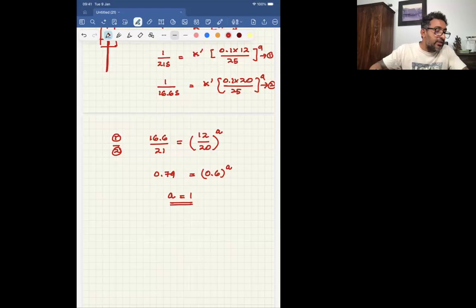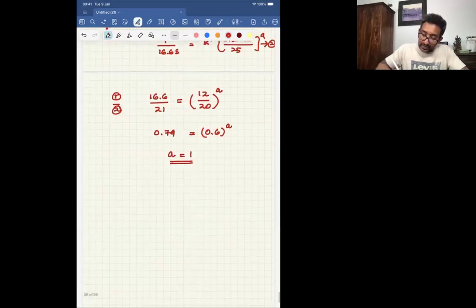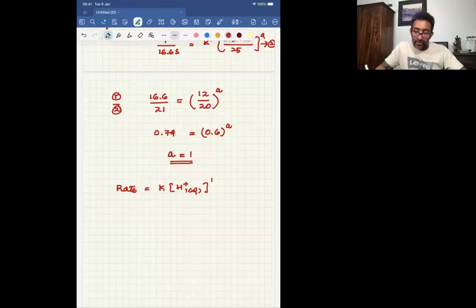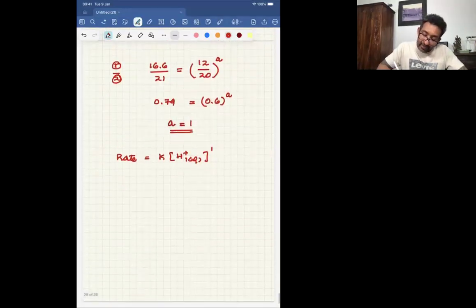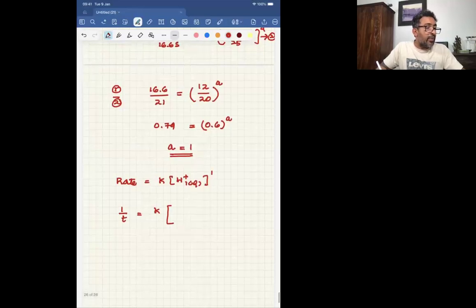Then it says write the rate expression for the reaction. What is a rate expression? Rate is equal to k times H+ ion concentration to the power 1. Calculate the time taken for experiment 4. Then 1 over T is equal to k times what is the concentration? 0.1 times 25, and total volume is also 25.